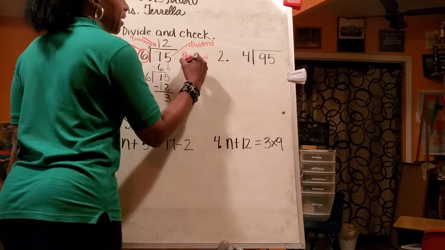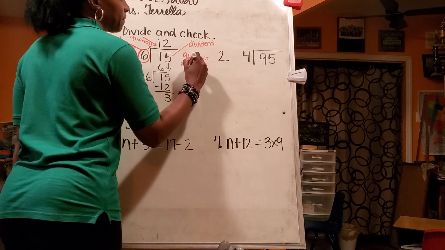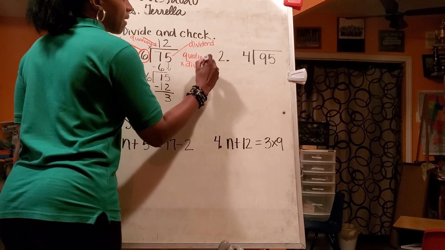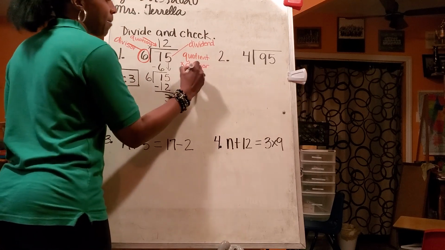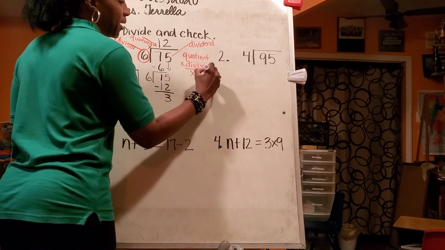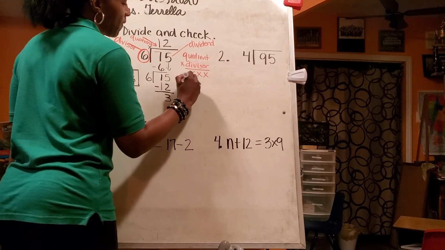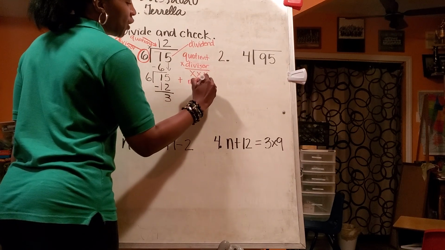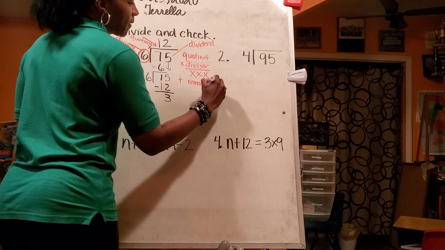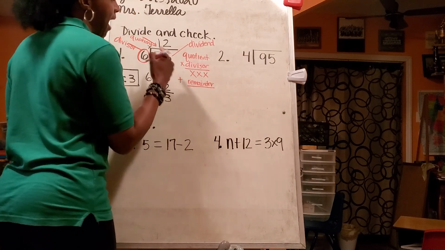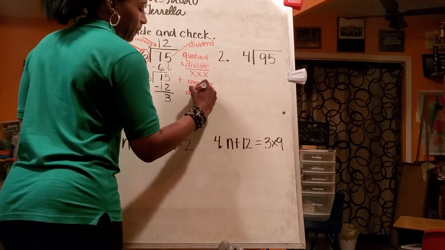Let me line that up better. And then I'm going to get some number here. And I'm going to add my remainder. And when I do that, I should get my dividend.